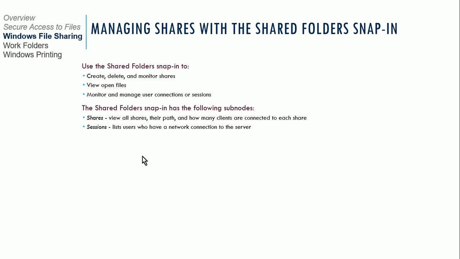But again, you could also use the cmdlets from PowerShell to see all that stuff too. Sessions shows you any active sessions that are using these shares. And Open Files lists all the files that network users currently have open. There are some nice tools in the Shared Folders snap-in that help you manage file sharing.